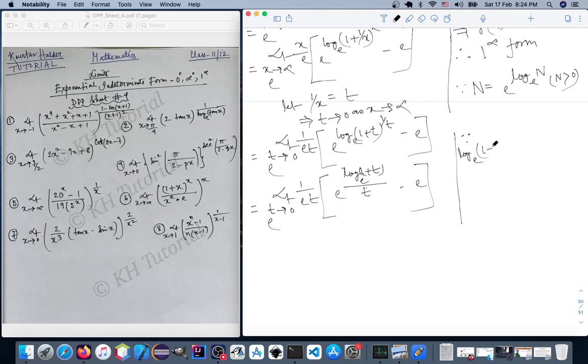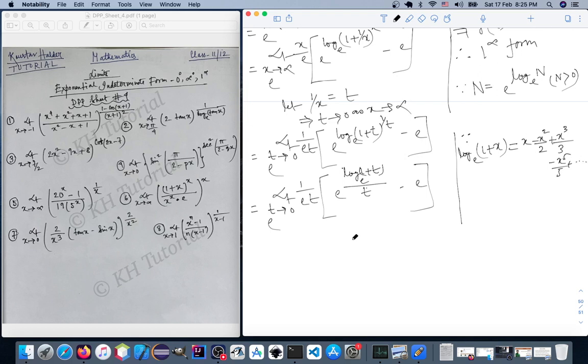Log e (1 plus x) equals x minus x square by 2 plus x cube by 3 minus x to the power 4, and so on.